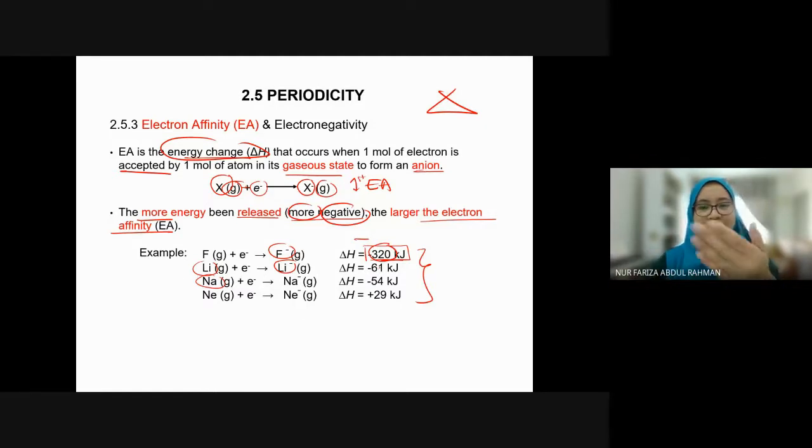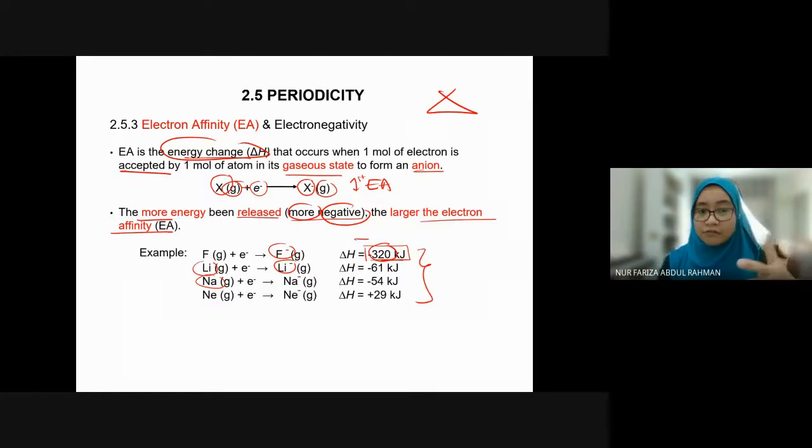Instead of removing all the 7 valence electrons, why not accept electron? Betul tak? Okay, maksudnya kalau nak buang electron, if you remove electron, it would be harder because to remove electron, you need energy from outside. Okay, energy needs to be supplied in order to force the electron out from the atom.